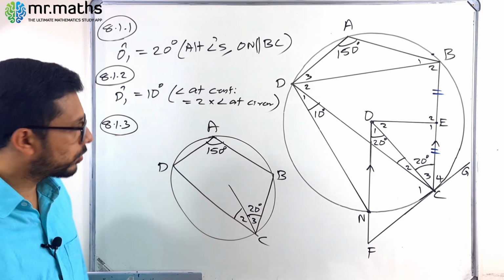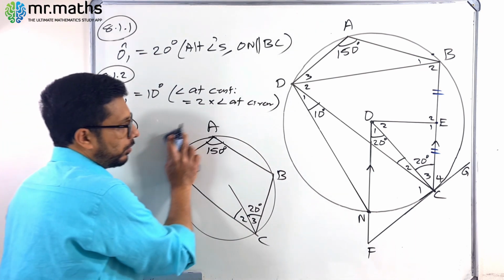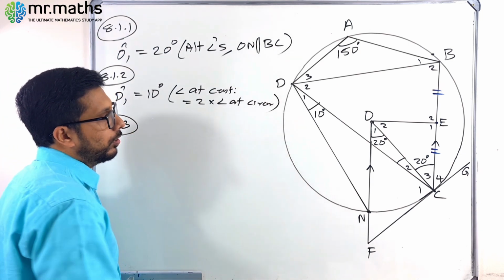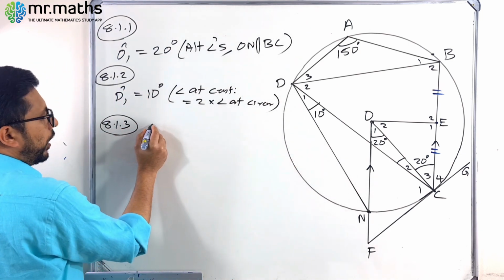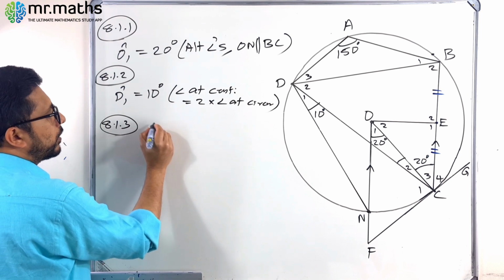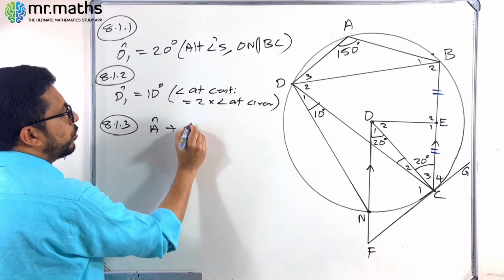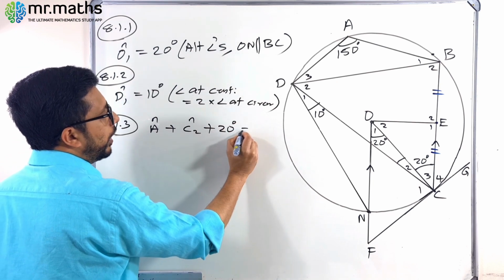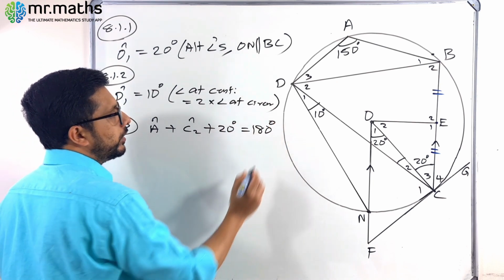Opposite angles of a cyclic quadrilateral add up to 180, so that is what we are going to apply. So angle A plus angle C2 plus that 20 degrees is 180 degrees.